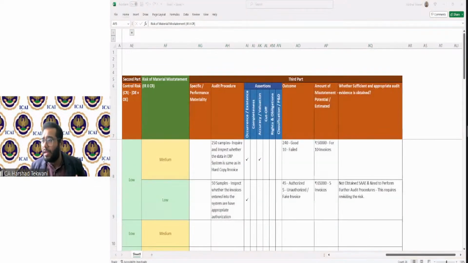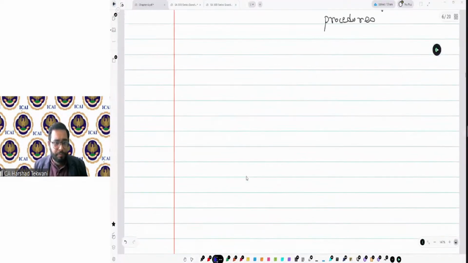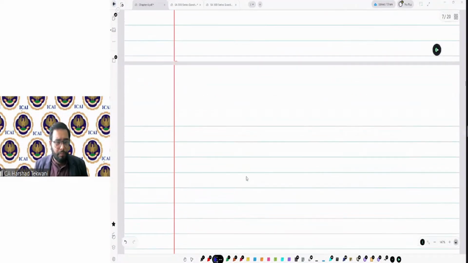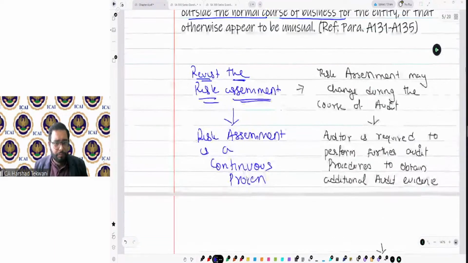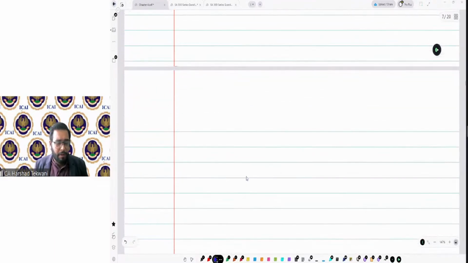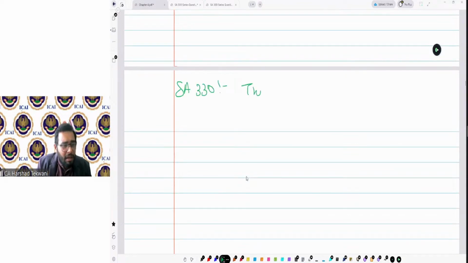That is SA 330, the auditor's response to assessed risk.